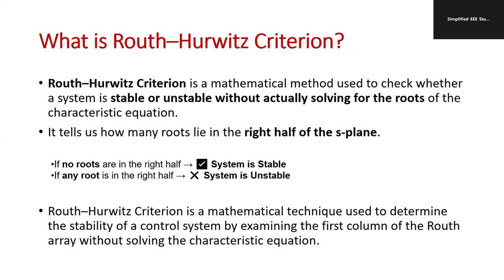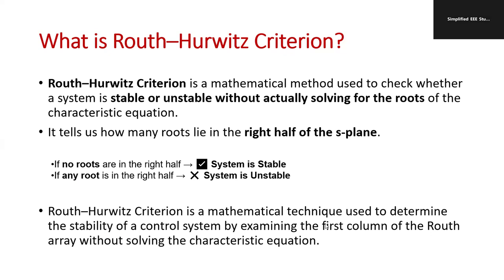So check out how many roots are available in the left half of the S-plane. If more roots are available in the left half of the S-plane, then surely we can say the system is stable. Conversely, if the roots are in the right half of the S-plane, then we'll say the system is unstable. So this method is going to predict how many roots are available in the right half of the S-plane.